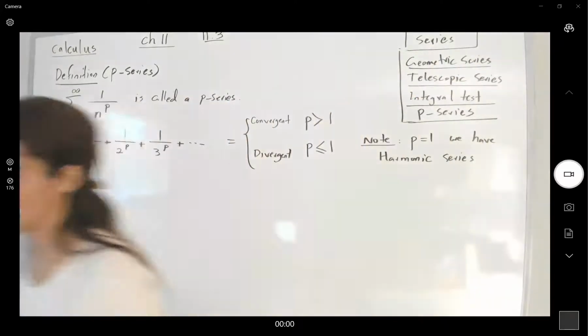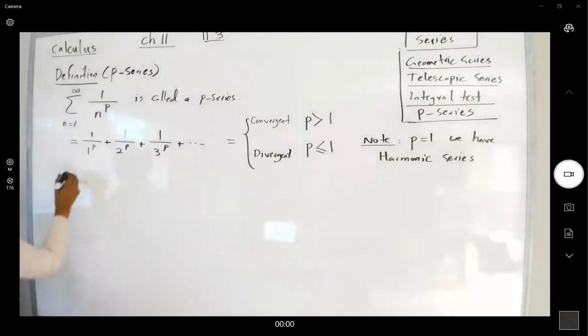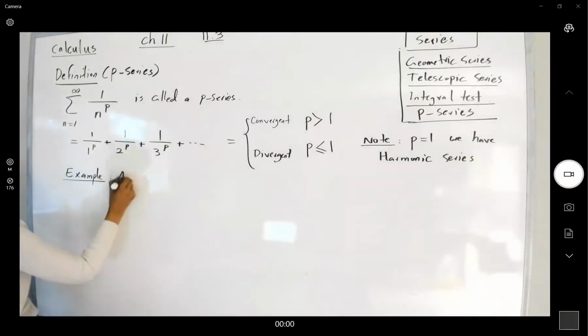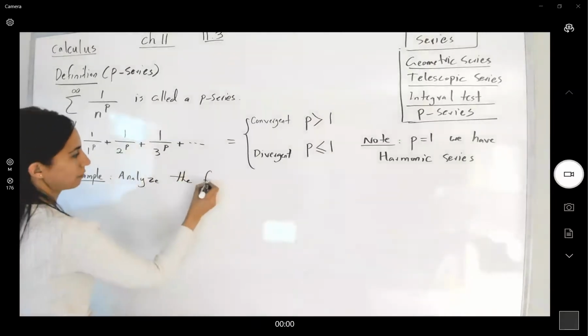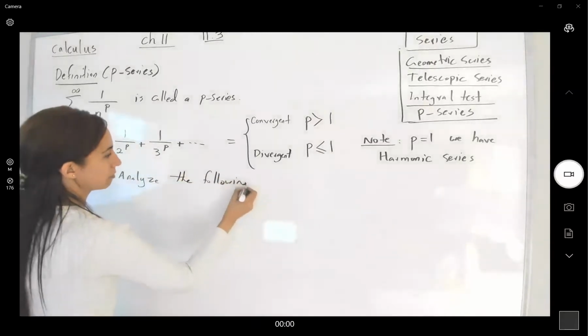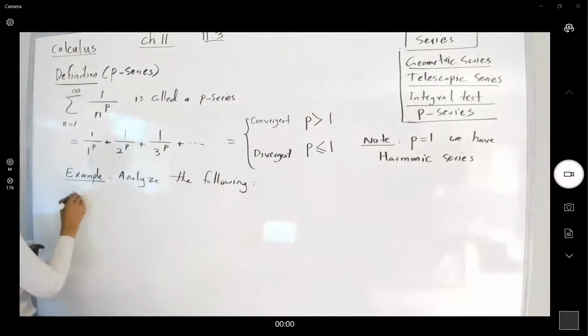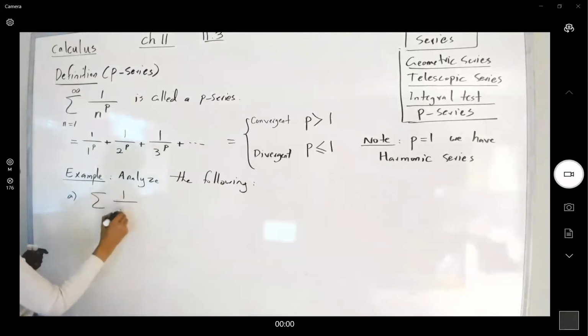Okay, give us an example. Analyze the following. The first one, here we have the sum of 1 over n cubed, n to the third, starting from 1 and going to infinity.